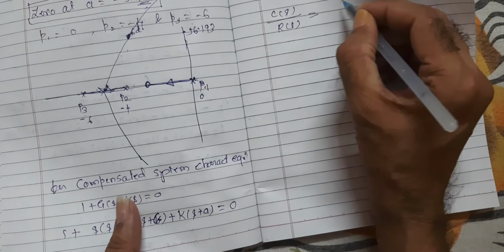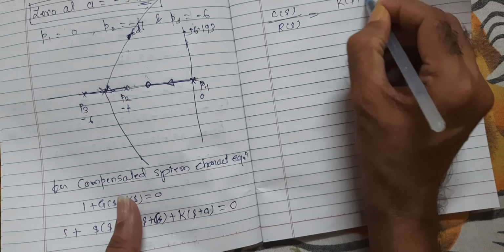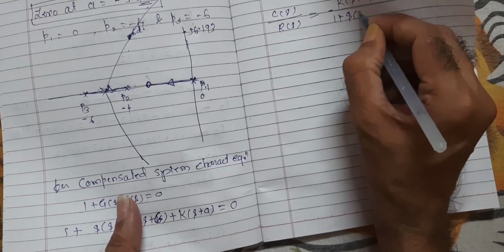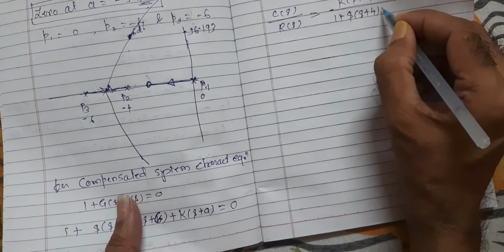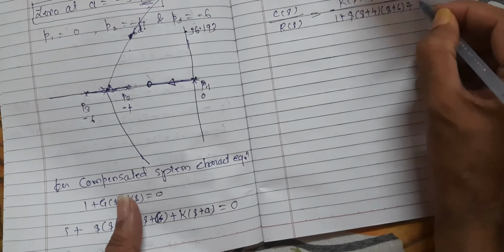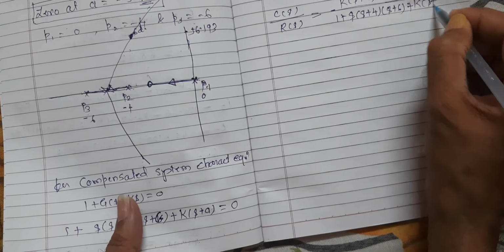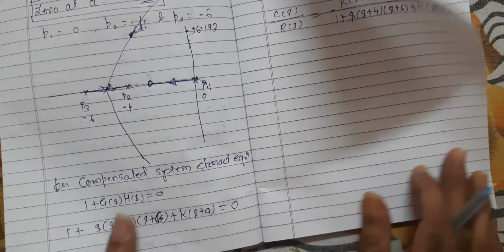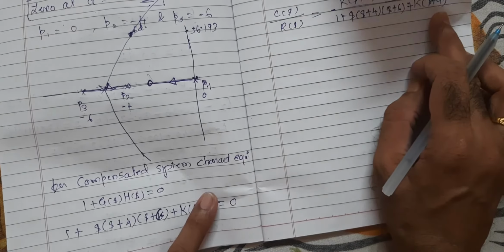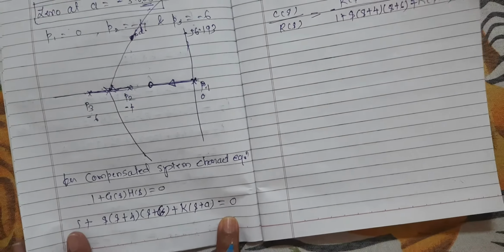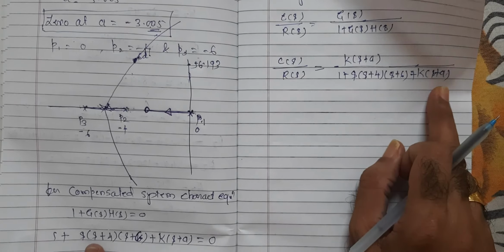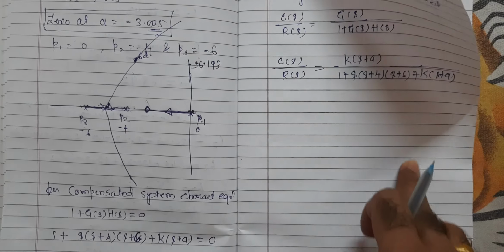So it comes to K into (s plus a) divided by 1 plus s into (s plus 4)(s plus 6) plus K into (s plus a). So this is my denominator equation, and the denominator equation is nothing but my characteristic equation.